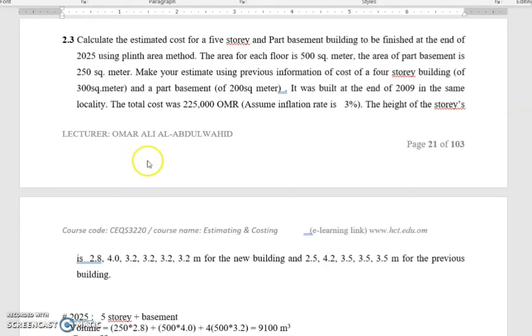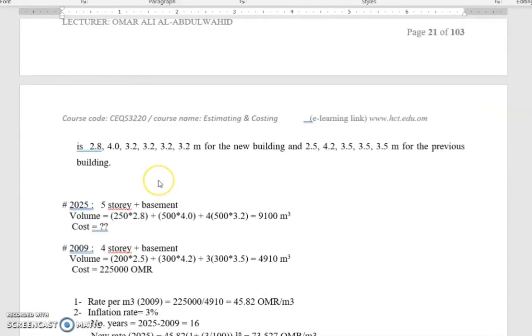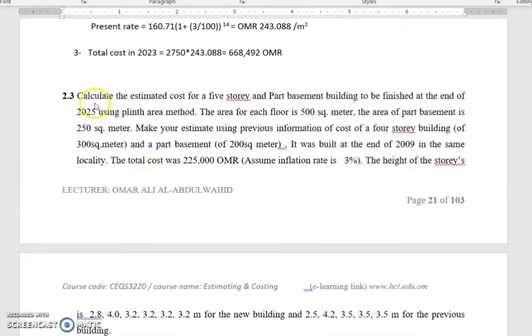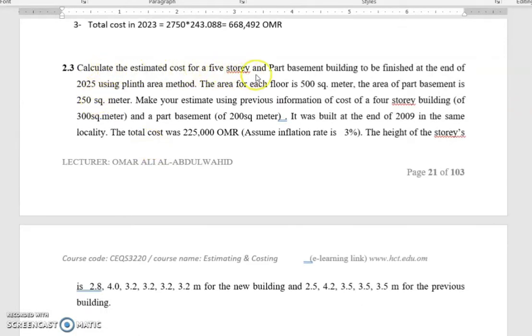Okay, so 2.3. Now this question we have here is a little bit different. Calculate the estimated cost for a five-story and part basement building to be finished at the end of year 2025 using plinth area method. The area for each floor is 500 square meter, and the area of the part basement is 250 square meters.